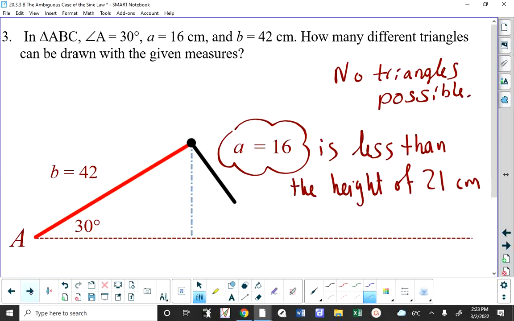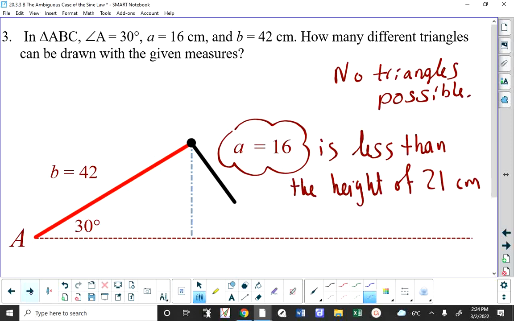We've said if A is less than the height, then you get no triangles. We've said if A is equal to the height, you get 1 triangle. I've said that if A is more than the height, in part, we get 2 triangles.